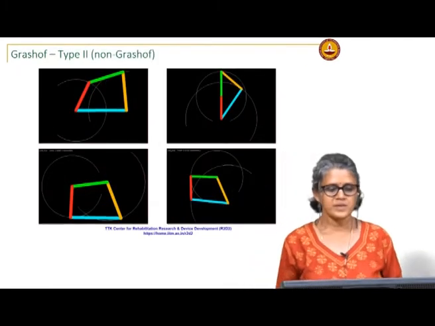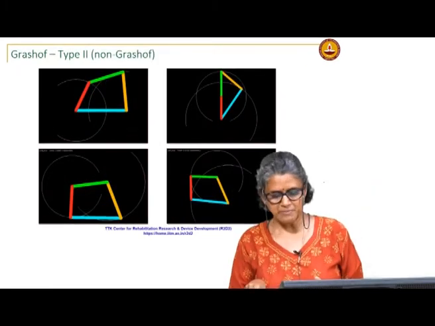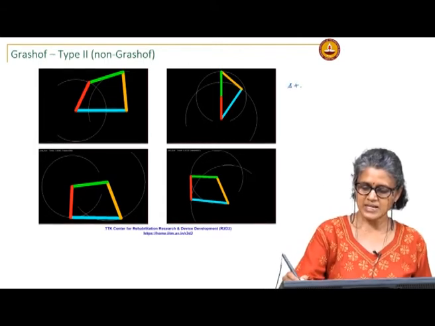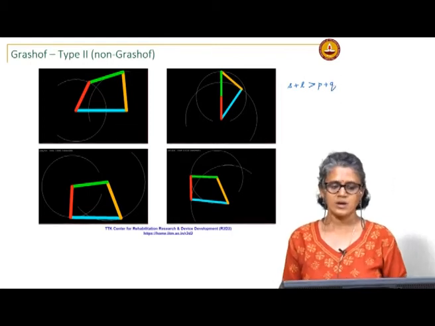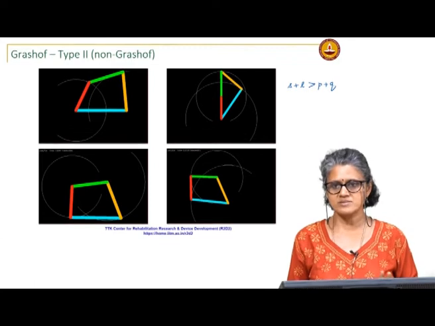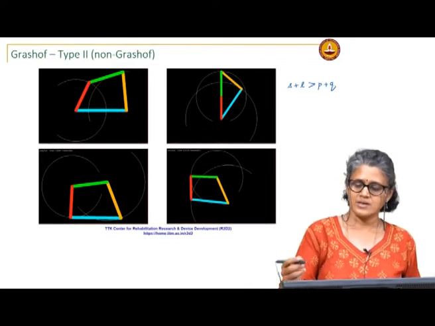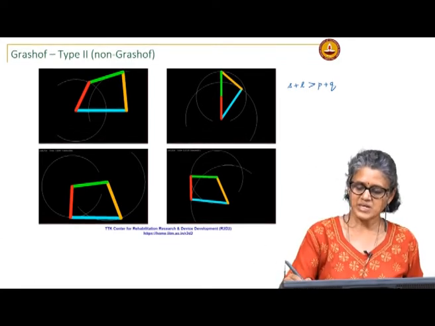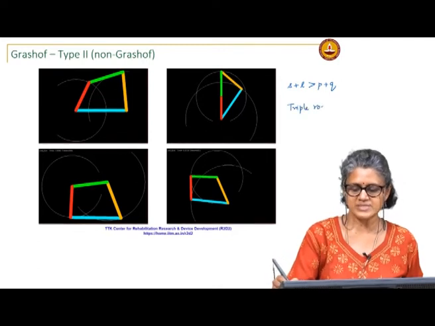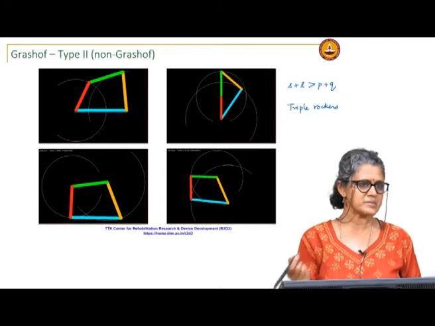So, in the Grashof type 2, which is S plus L greater than P plus Q, all 4 inversions function as double rockers, or actually, correctly speaking, we call them triple rockers, because all three links can only rock between limits.